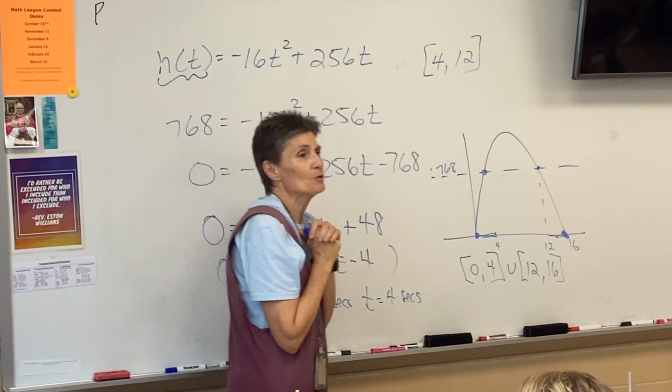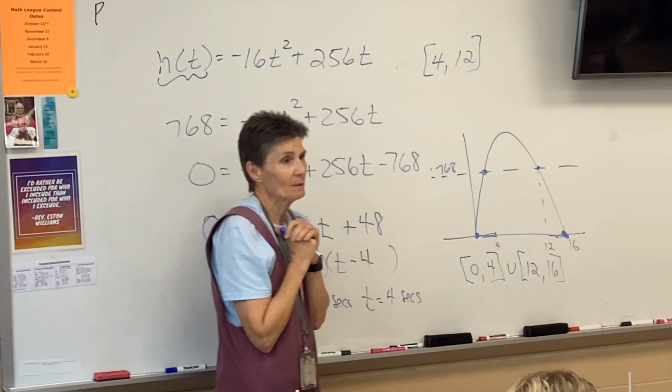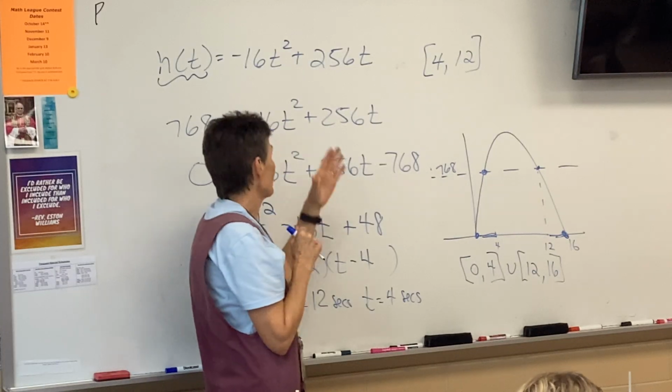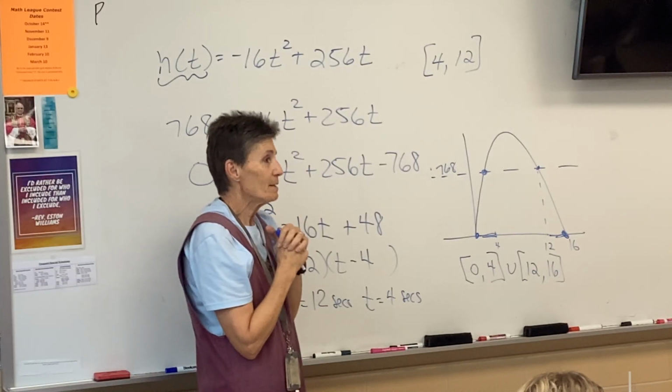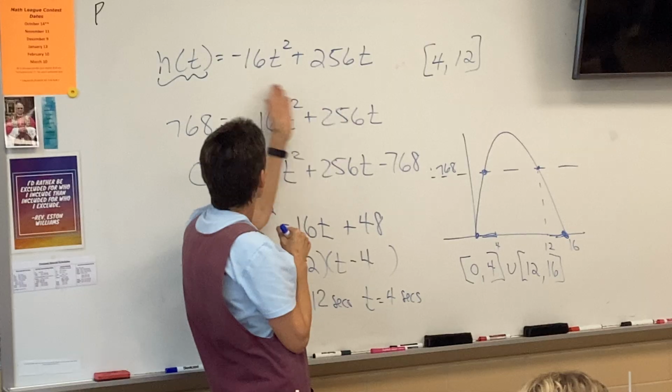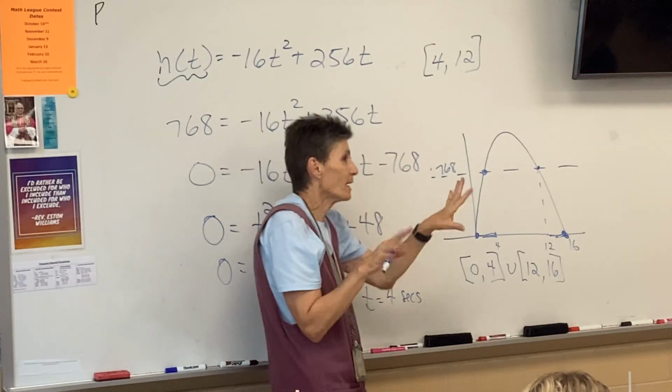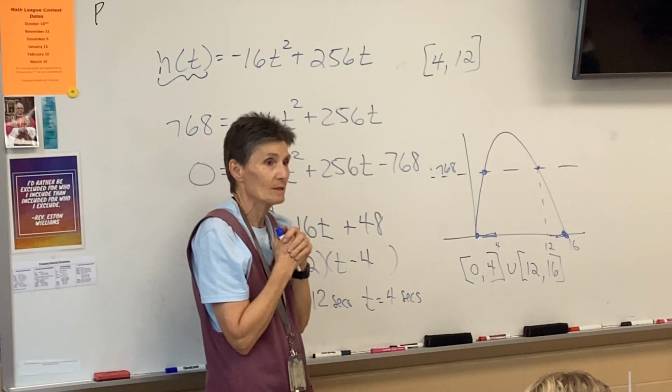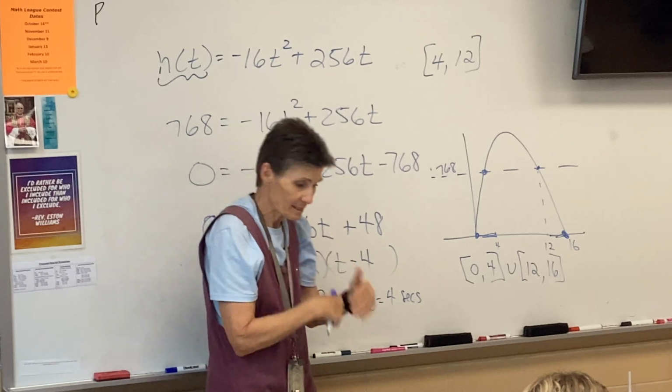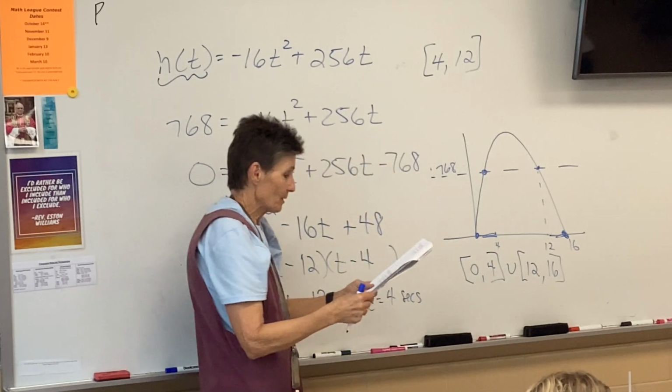Now you're going to be able to do any projectile motion problem, even when the numbers don't work out so great, because no matter how ugly the numbers are in the equation, your calculator will figure them out. Okay? It's easy.